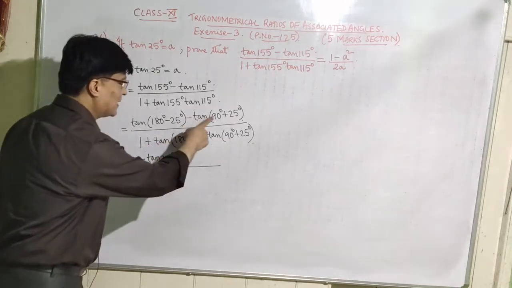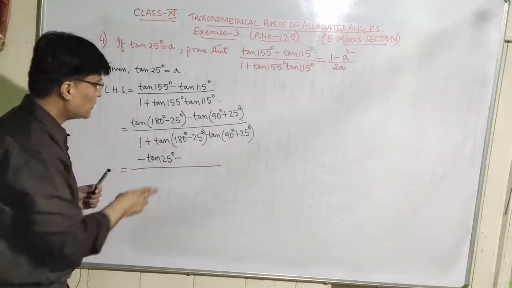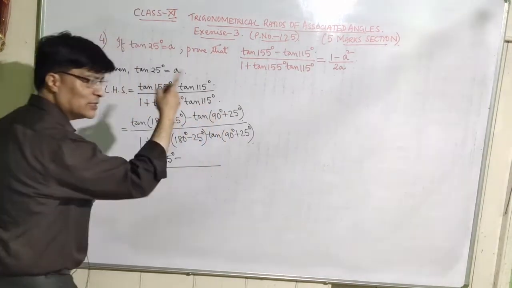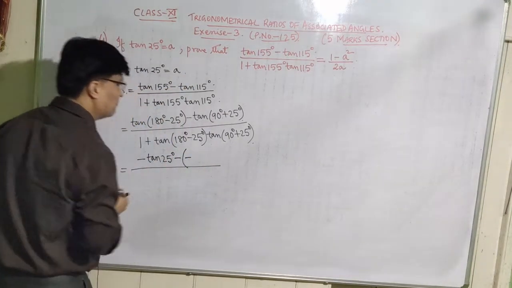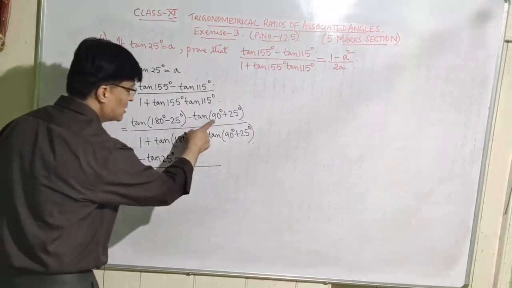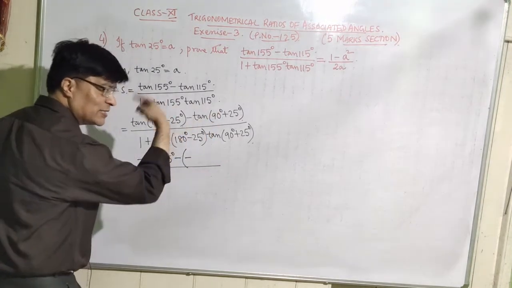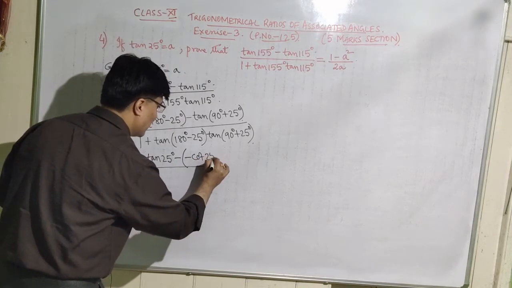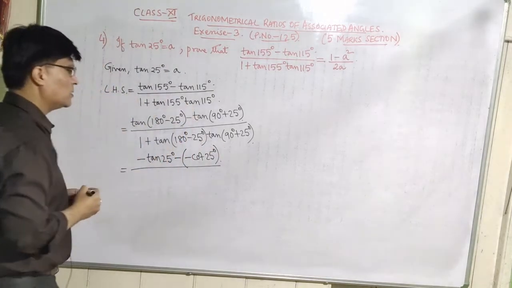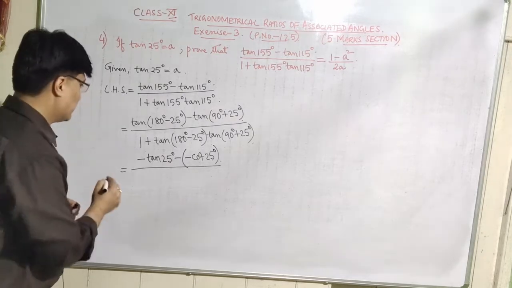What is tan of 90 plus theta? 90 plus theta lies in the second quadrant, where tan is again negative. Since it is an odd multiple of 90, tan changes to cot. So it is minus cot 25 degree, right?